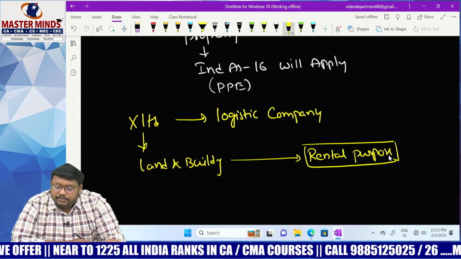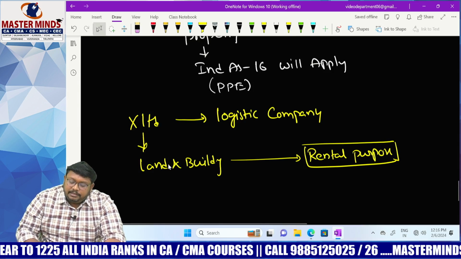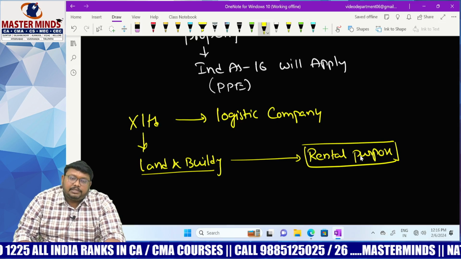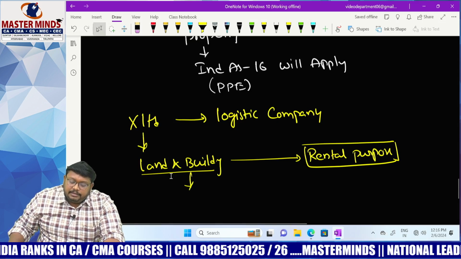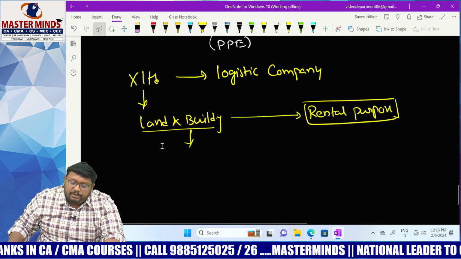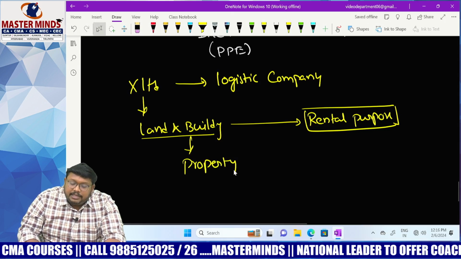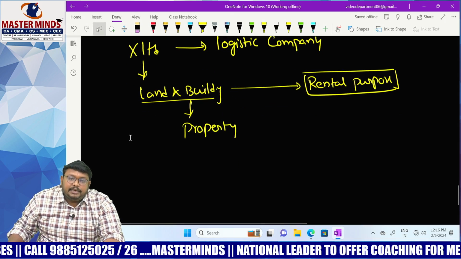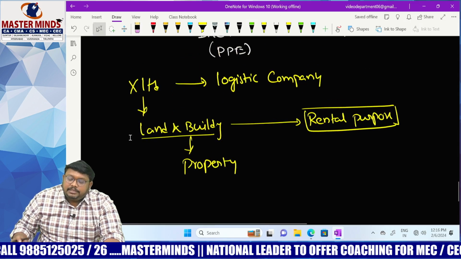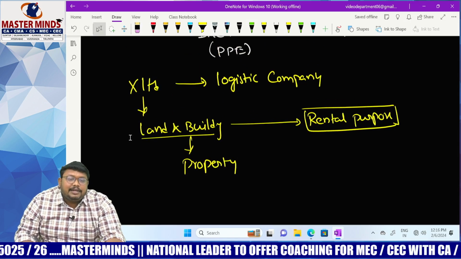In that condition, what can we say? See, here we are investing the land and building for what? For rental purpose, not for the business purpose. In that condition, this property of land and building is not property, plant and equipment. It will not come under Ind AS 16. Ind AS 16 will not apply because it is used for rental purpose, and our company is not a rental business.